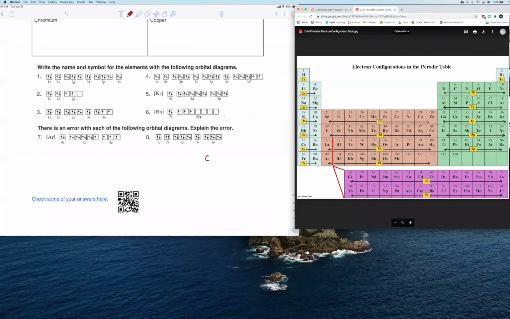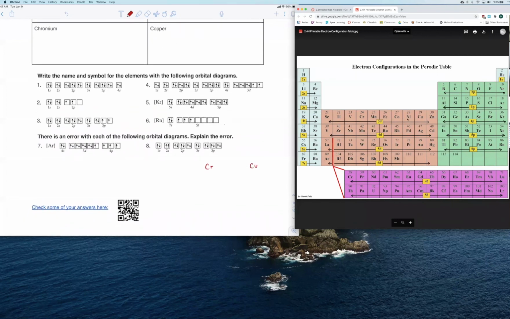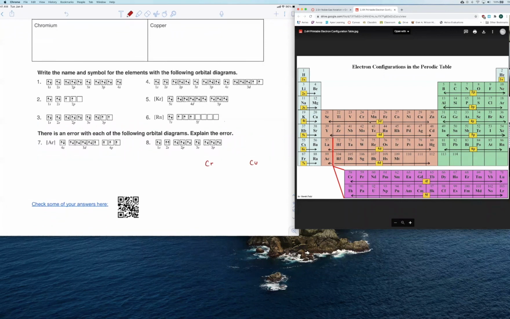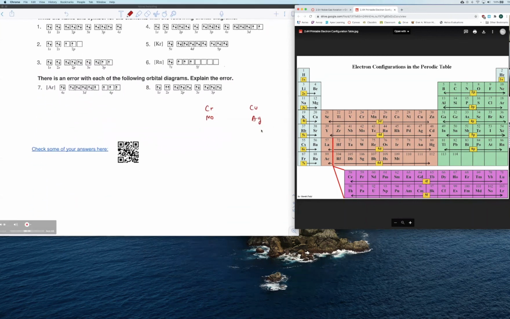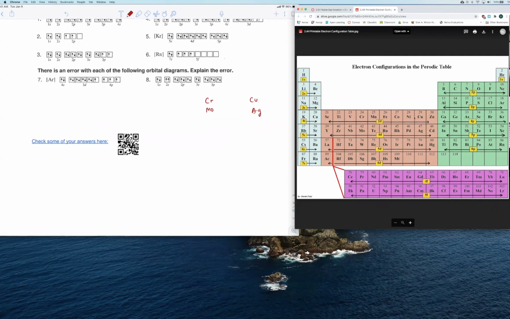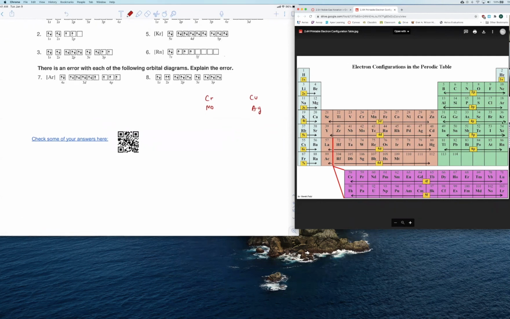So remember, I went over last time, chromium and copper are exceptions to the electron configuration rule. And anything in that same column as chromium and copper too. So like Mo, silver. And I'm gonna go over silver just so you can see why that is. So if I draw out silver's electron configuration, silver would be krypton, 5s2 4d9.